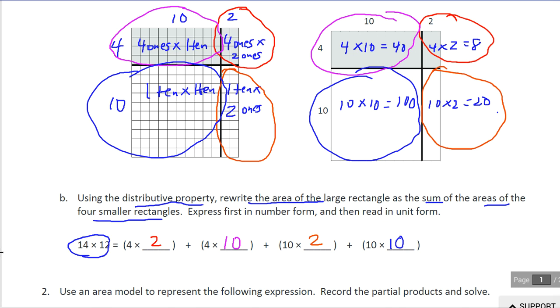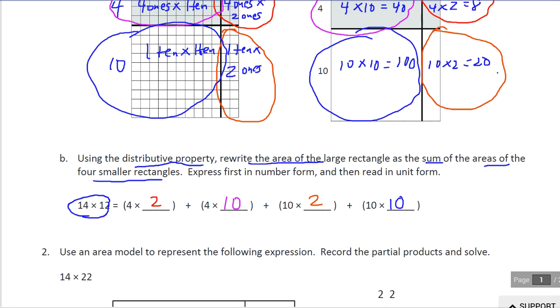If we added all that together, which we didn't have to for this problem, we would get 168 if you wanted to know the answer. We were just filling in the partial products there.